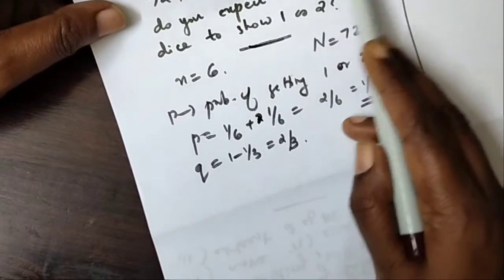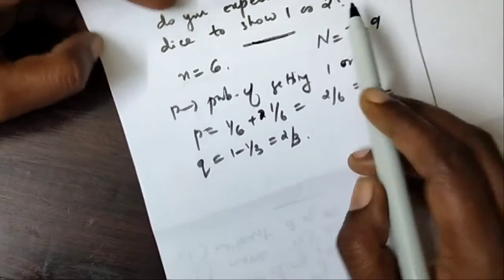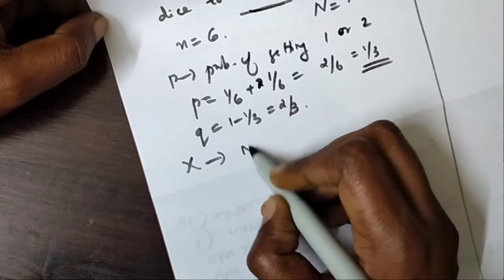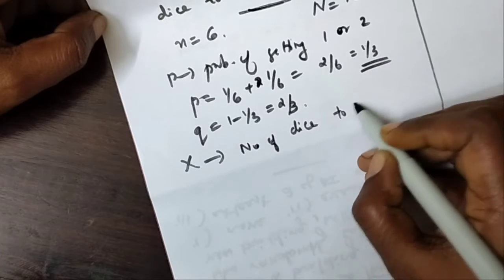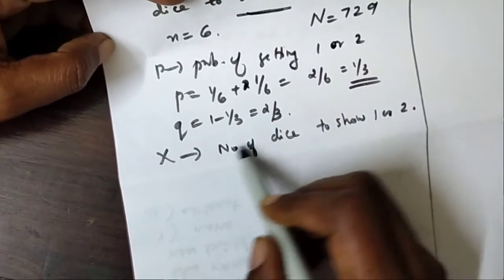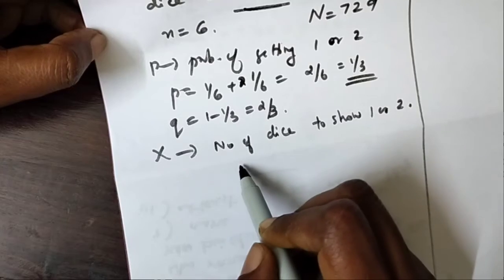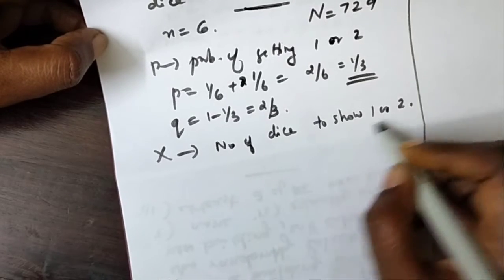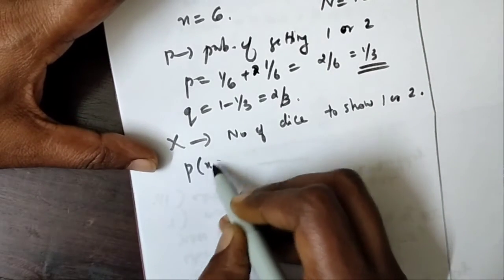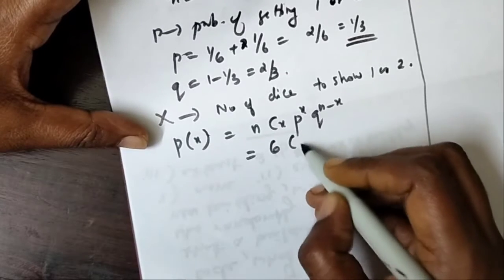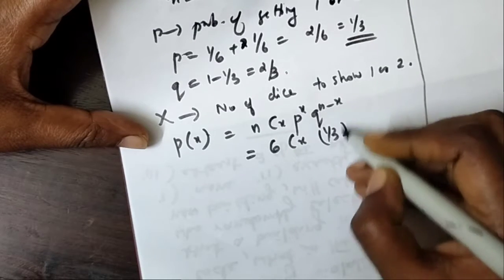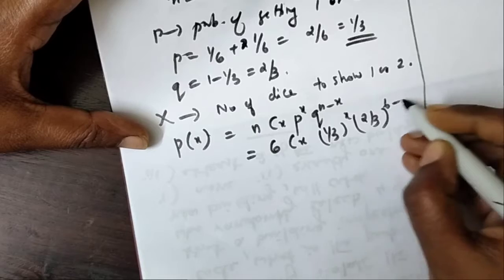So the question is, how many times do you expect at least 3 dice to show 1 or 2? So we have to define the random variable x, that is the number of dice to show 1 or 2. So P of x follows binomial, and it is nCx p raised to x q raised to n minus x. n is 6, so 6Cx 1 by 3 raised to x, 2 by 3 raised to 6 minus x.